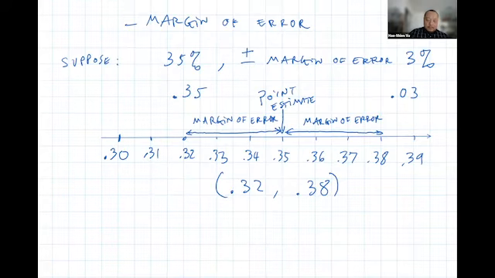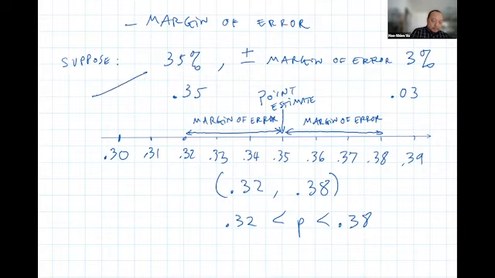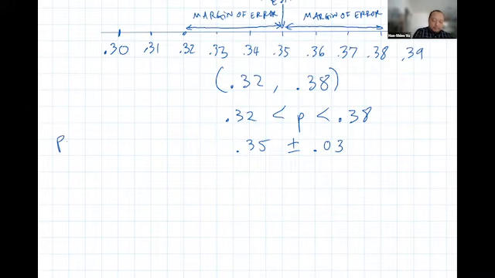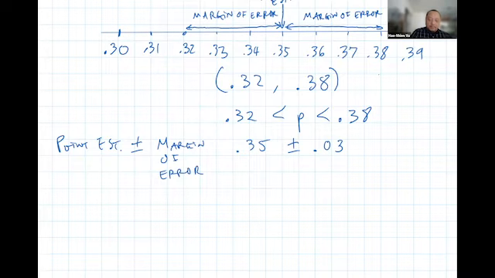It could be written in compound inequality as 0.32 < p < 0.38, but it could also be written in the form of point estimate plus or minus margin of error. These are the three different ways of writing an interval in statistics.